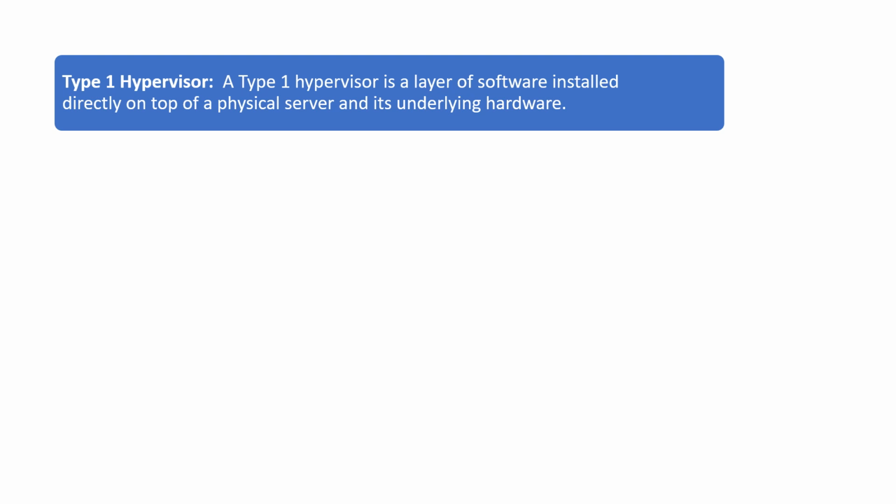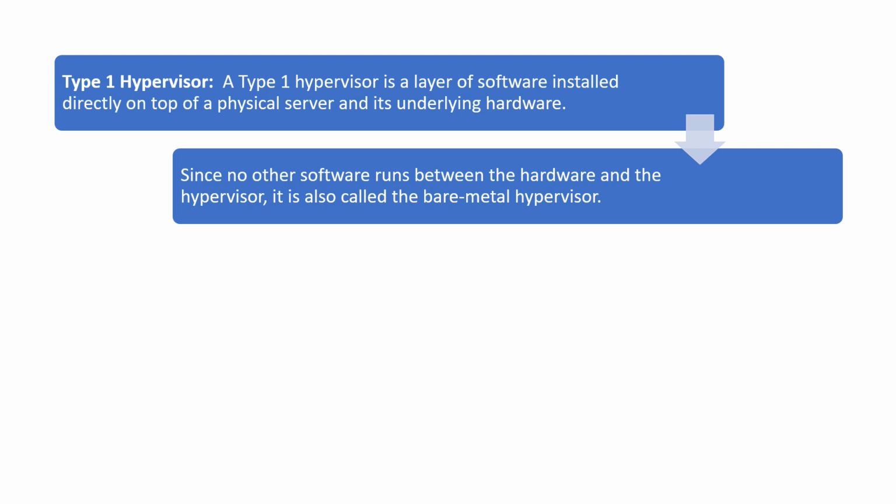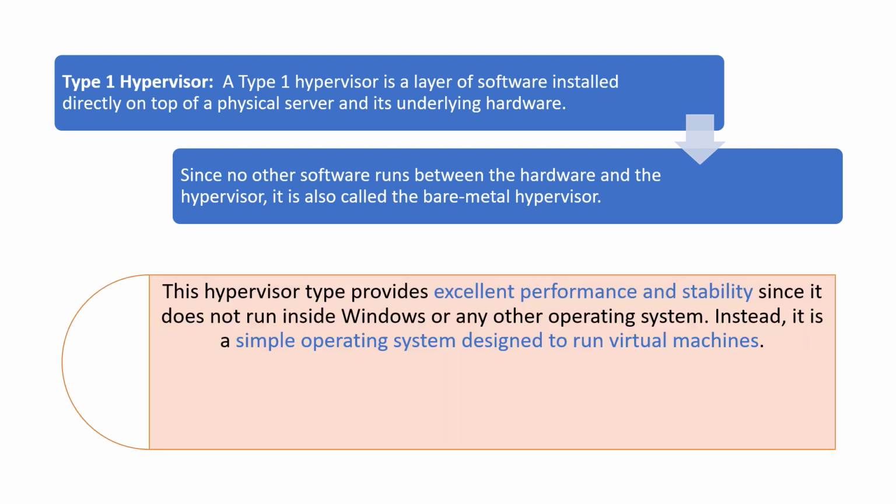Now we can see the type 1 hypervisor. This is a layer of software installed directly on top of the physical server and its underlying hardware. Since no software runs between the hardware and the hypervisor, it is also called the bare metal hypervisor. This hypervisor type provides excellent performance and stability since it does not run inside Windows or any other operating system.